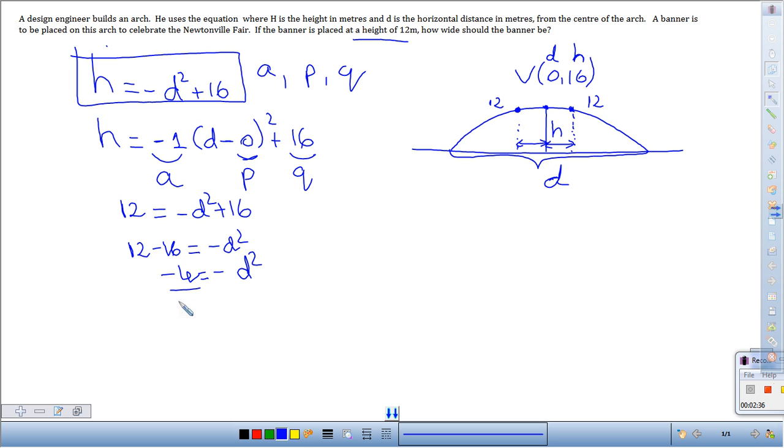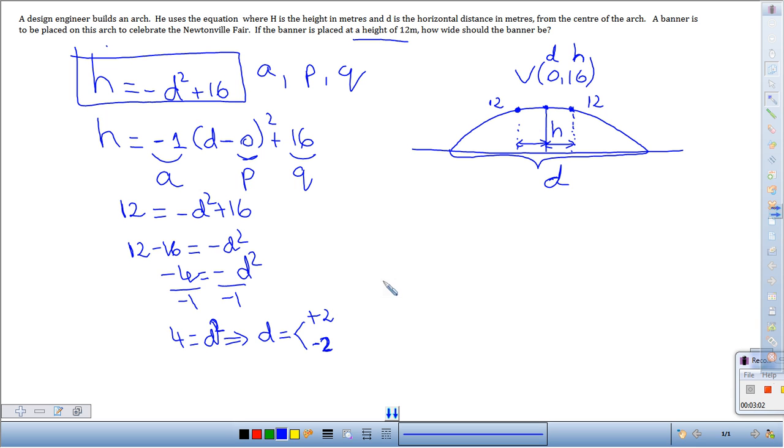Now we can divide both sides by negative 1 to get rid of the negative signs, and we have 4 equals d squared. And we learned that we can square root both sides, which means that d can be either positive 2 or negative 2.